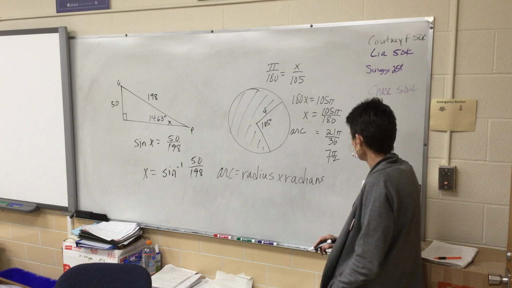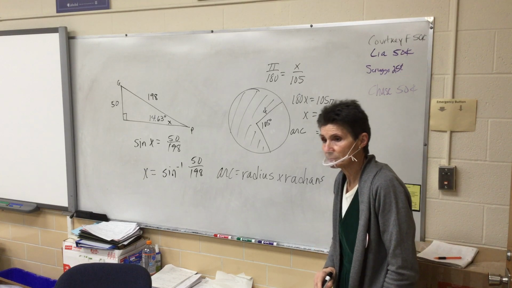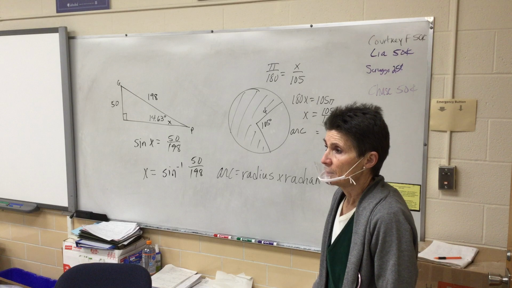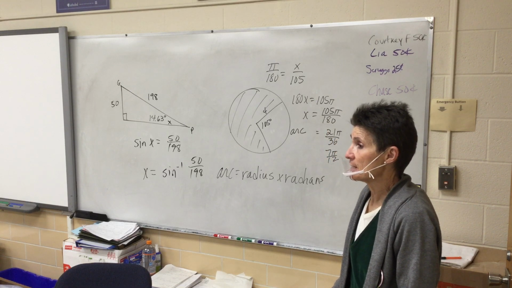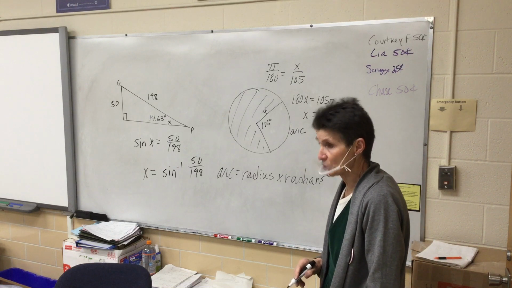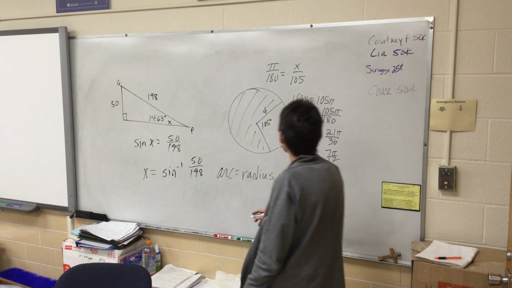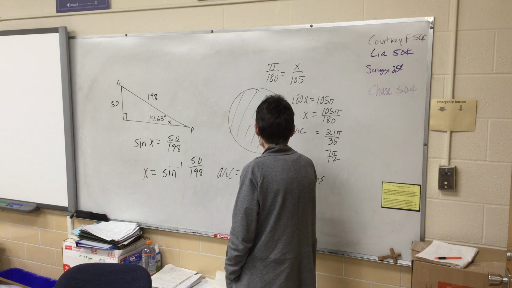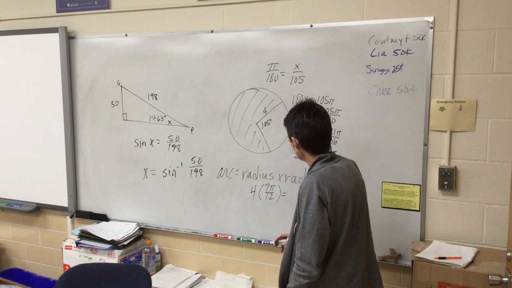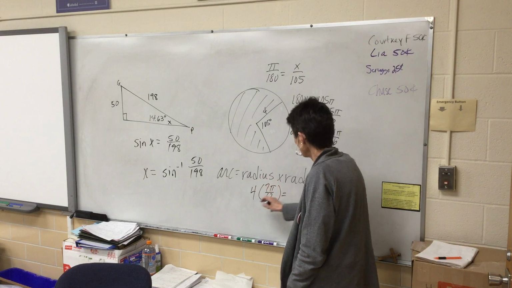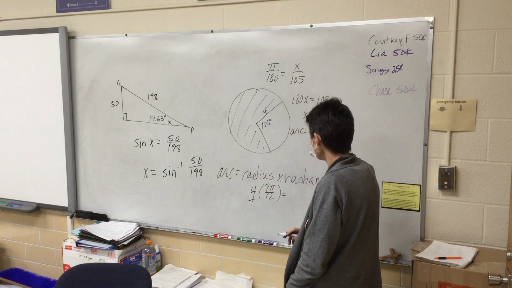How does that fit? Does that seem like that's okay? Is that the answer to the question? No. That's the radian measure of the angle. So I'm going to take 4 times 7 pi over 12. And I can either cancel or multiply straight across, whatever's easiest for you.